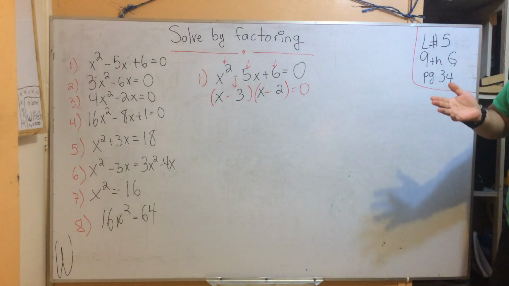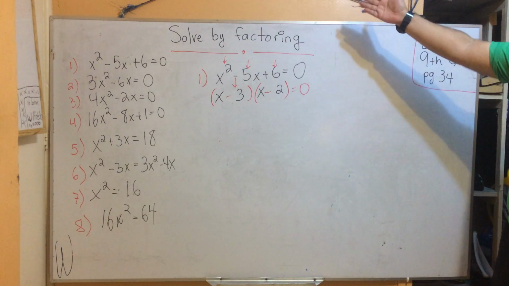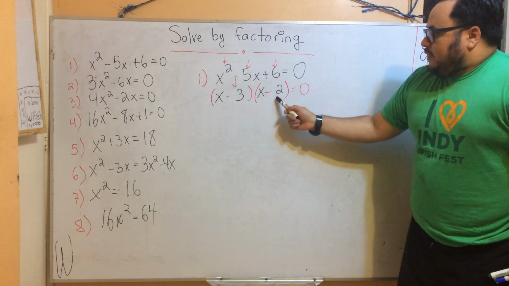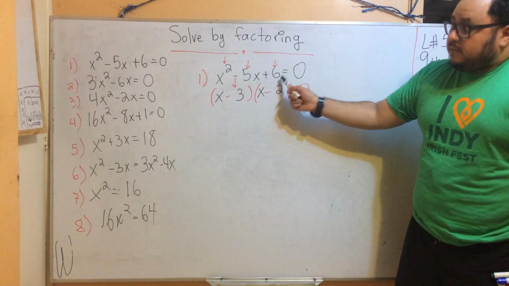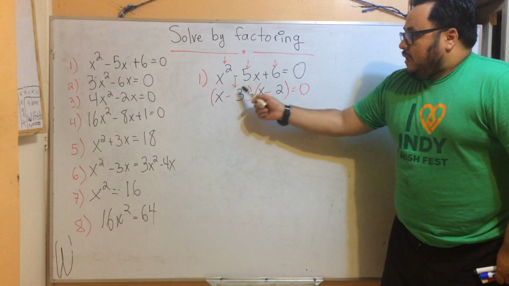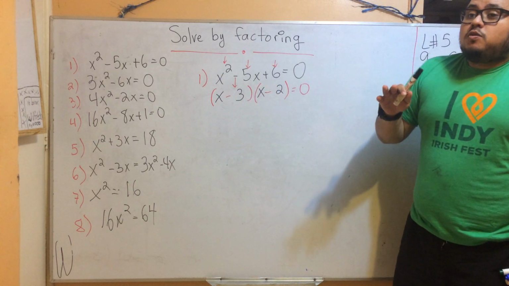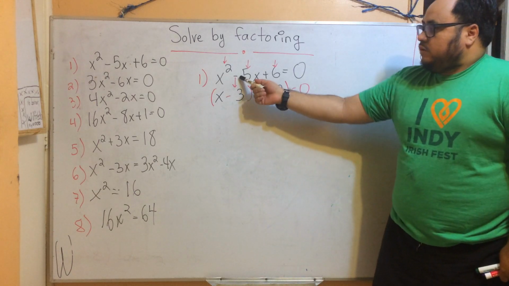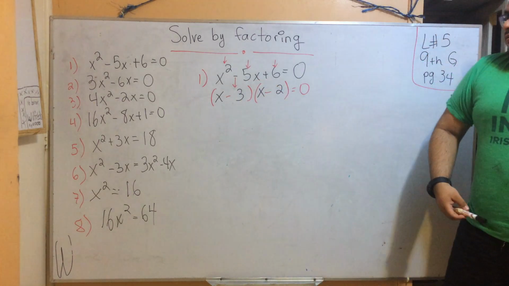Let's see if this is going to help us get to this one. Minus 3 times minus 2, 6, positive. And the middle term, remember, is when we add the terms. So minus 3 minus 2 is minus 5? Yes.